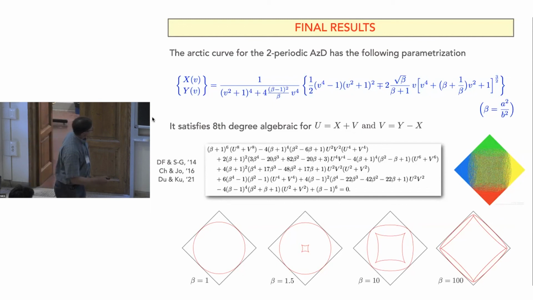And you see that the picture that I showed at some point in a previous slide, which is a typical generic configuration for the 2-periodic Aztec diamond, clearly resembles this curve. So we again guess the inner component with a sort of cusps. So we recover the known result, but the derivation is new and relies on the tangent method.